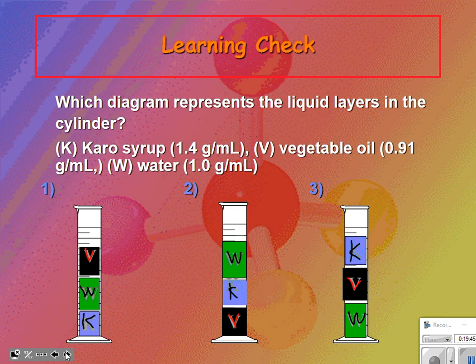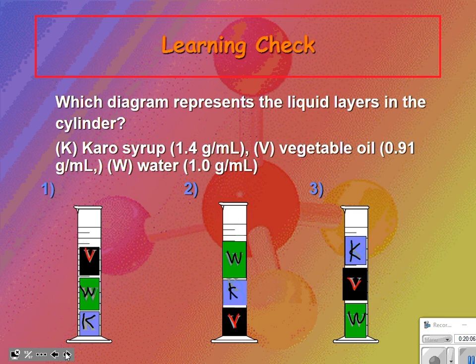Now, based on the densities, Karo syrup has a density of 1.4 grams per milliliter. Vegetable oil, the V, has a density of 0.91 grams per ml, and water is 1 gram per ml.